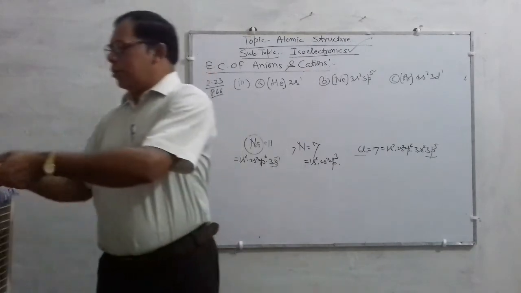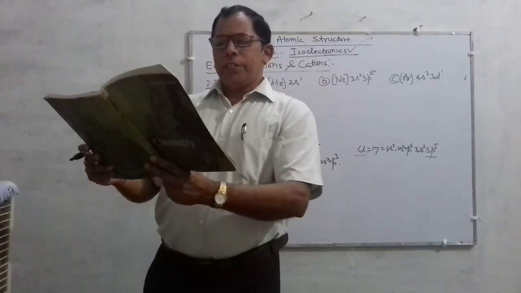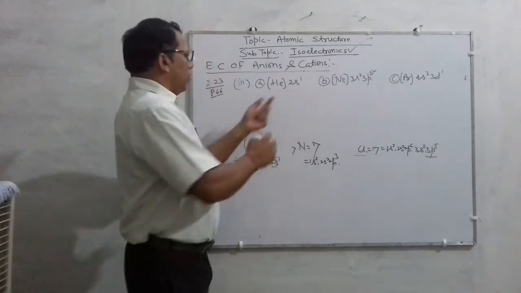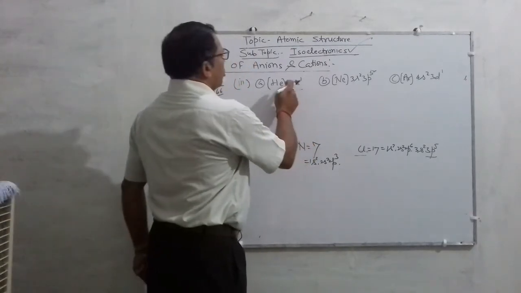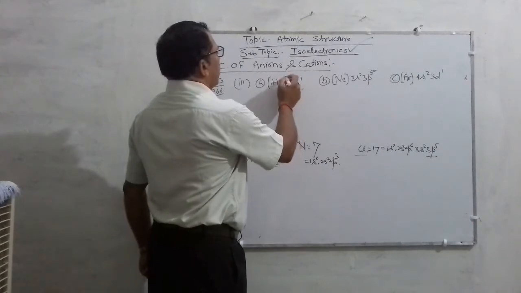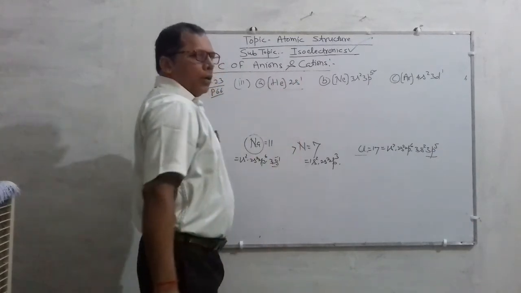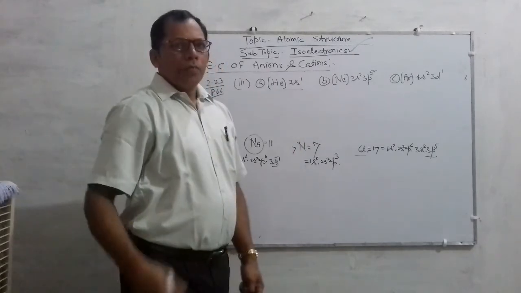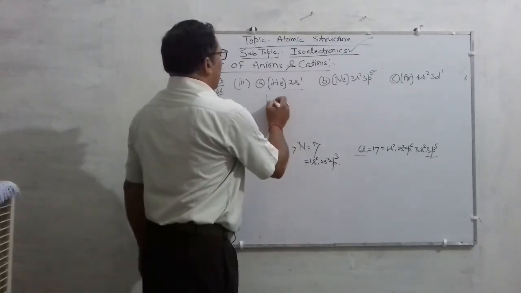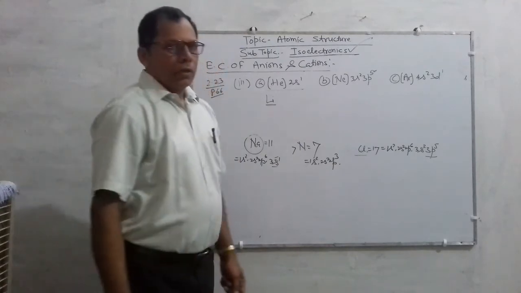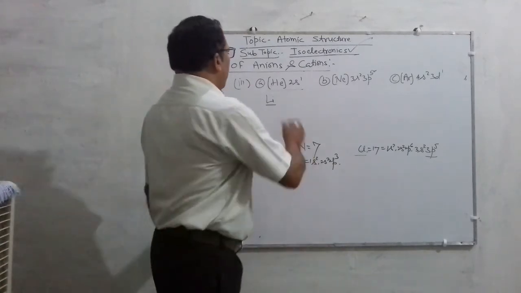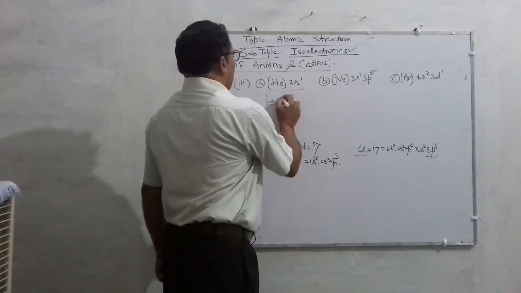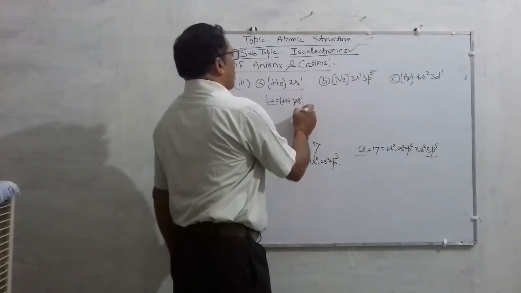The question is, which atom is indicated by this configuration? The number of electrons is 2 of helium plus 1, so it becomes 3, and the atom having 3 electrons is lithium. Am I right? And lithium has the configuration He and 2s1.